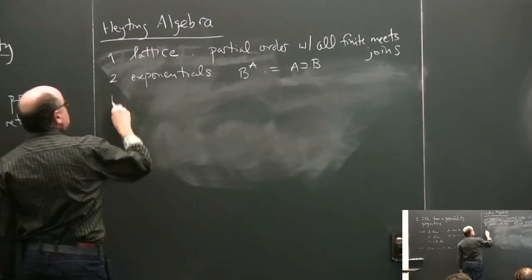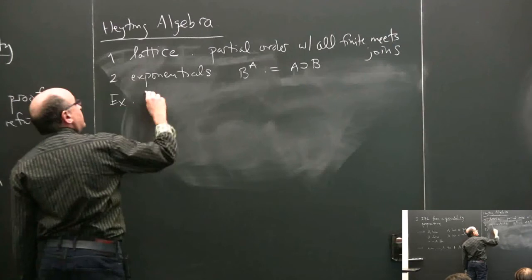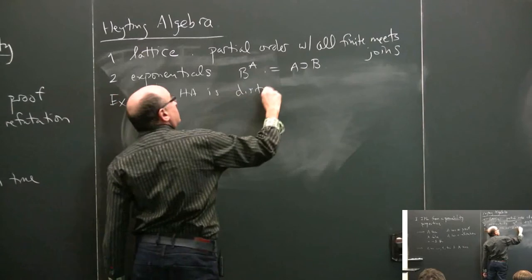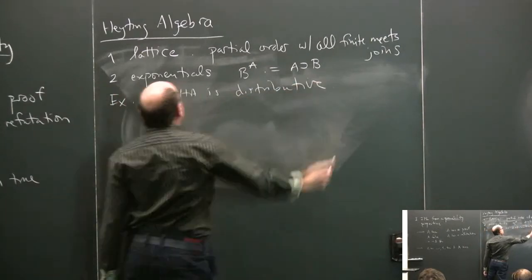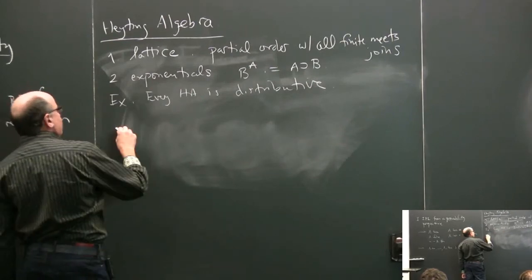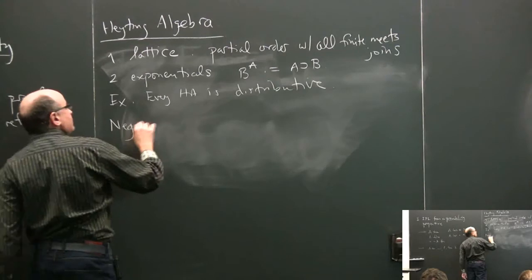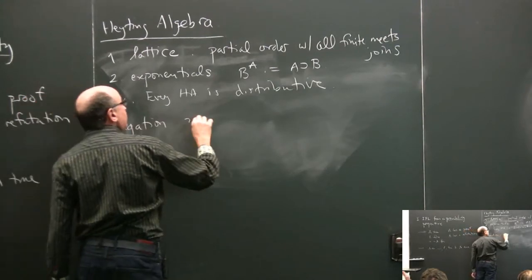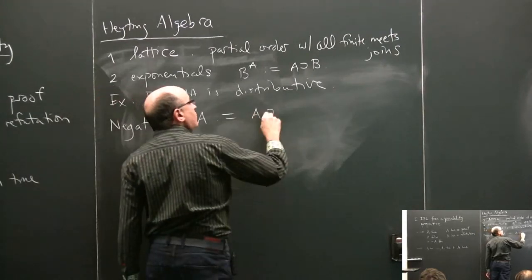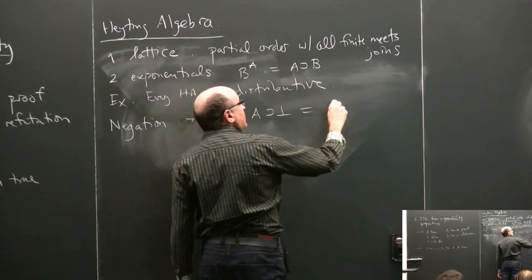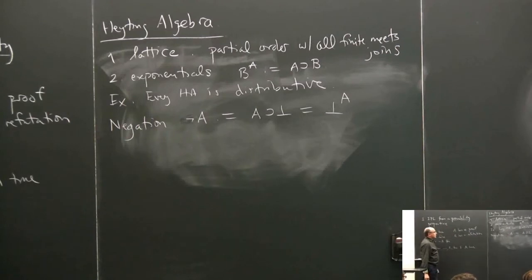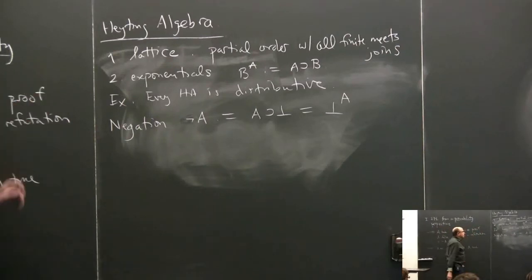Then I asked you to do as an exercise that every Heyting algebra is distributive. We then enriched that further, and within here we defined a negation. We defined the negation of A to be A implies false, which could also be written as false to the A, if you use the exponential notation often used when working with these order structures.